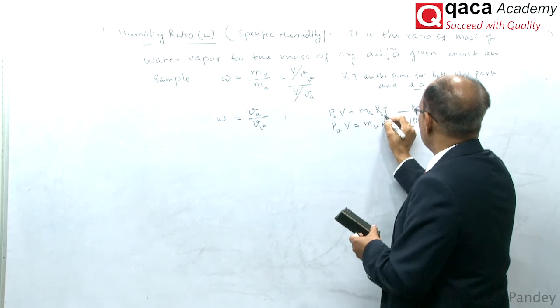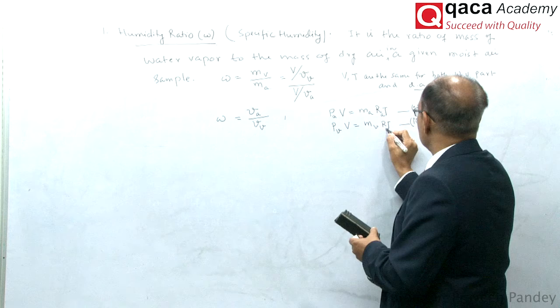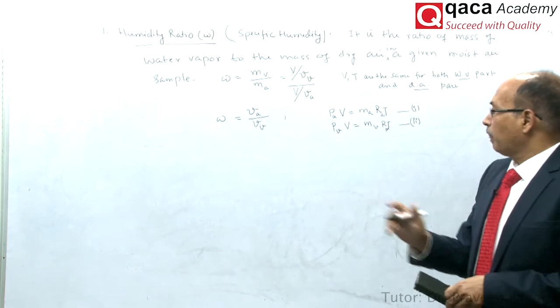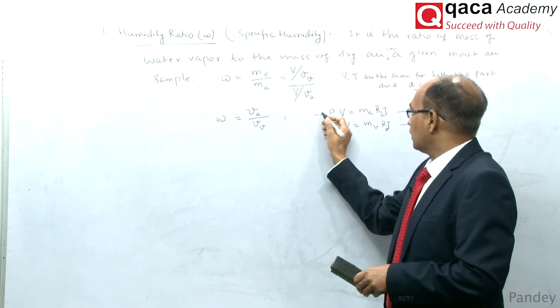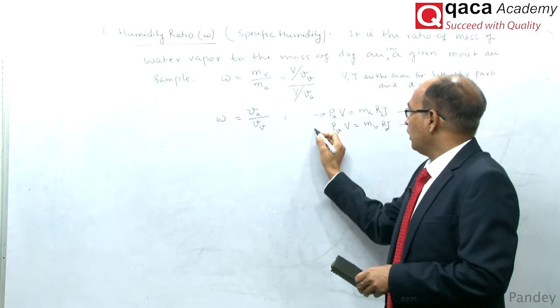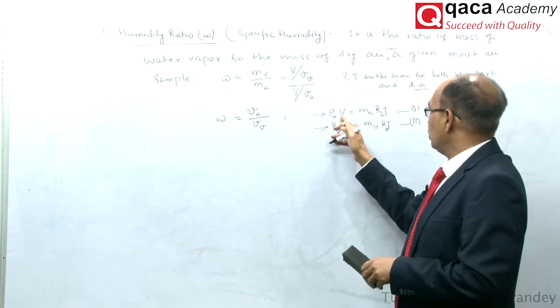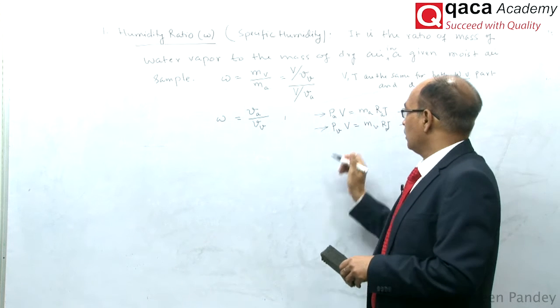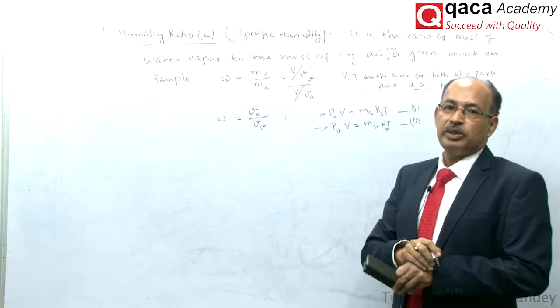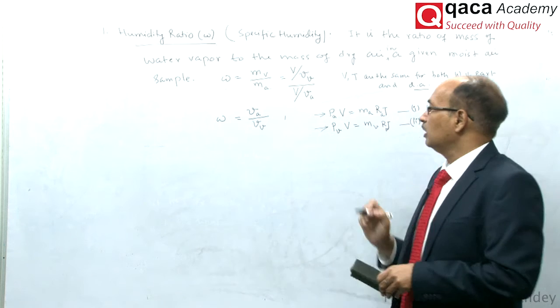Here R is R_A and here R is R_V. So, this equation is for the dry air part and this equation is for the water vapor part. Volume is the same, temperature is the same, but the partial pressures are different, specific volumes are different.